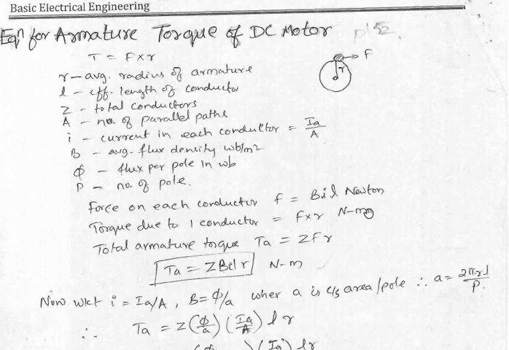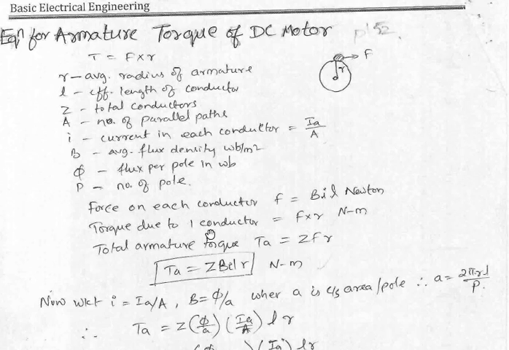Now for each conductor, how much force will be exerted on it is given by the equation F is equal to B into i into L, where B is the flux density, i is the current flowing in each conductor, and L is the length of that particular conductor. So this much force is acting upon each conductor. Now how much is the torque developed by one conductor?